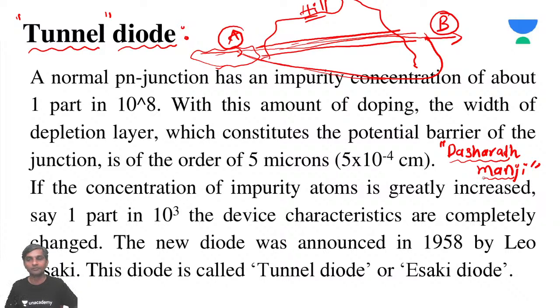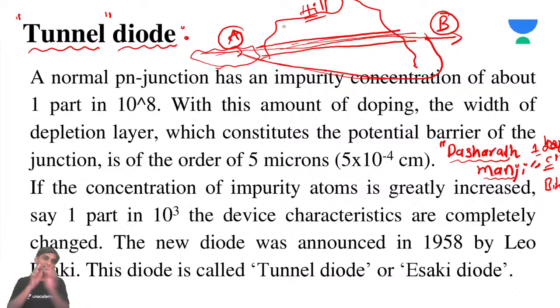If you have time, just go and search his name on Google, and you'll see he was also one day CM, actually 1 hour CM for Bihar. Such a great person he is that he made a tunnel.